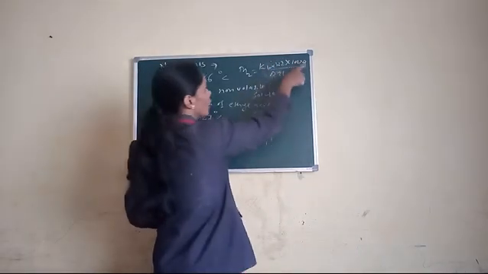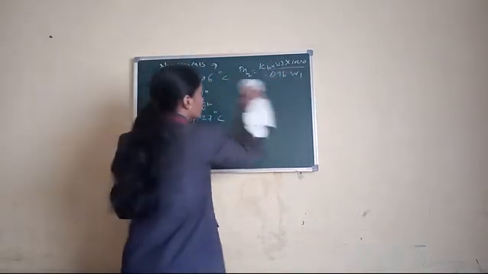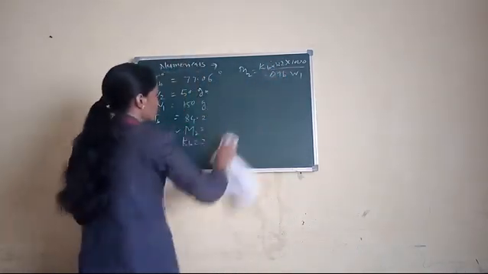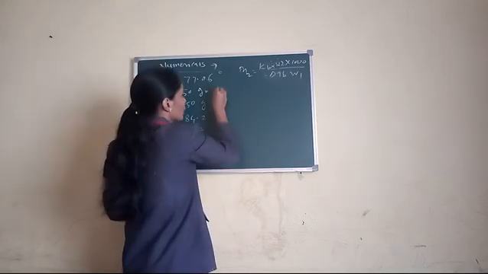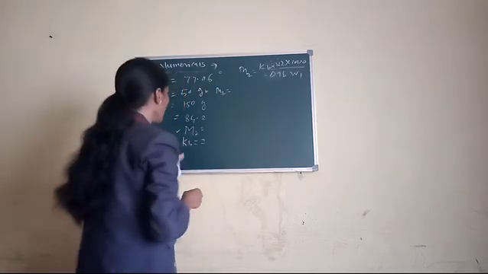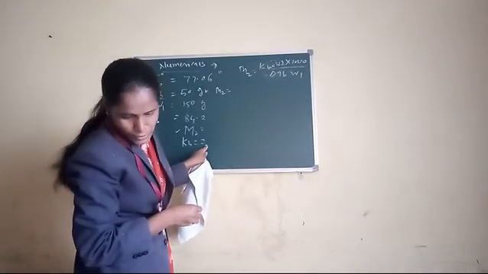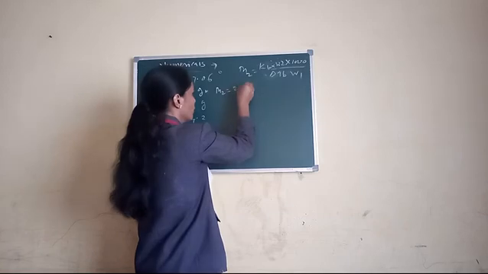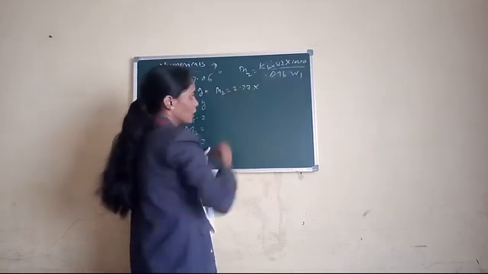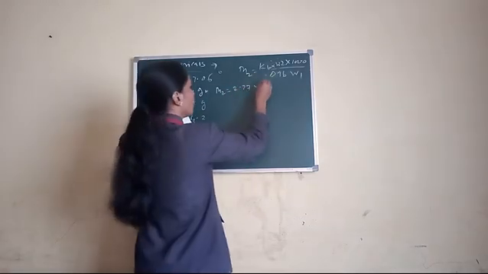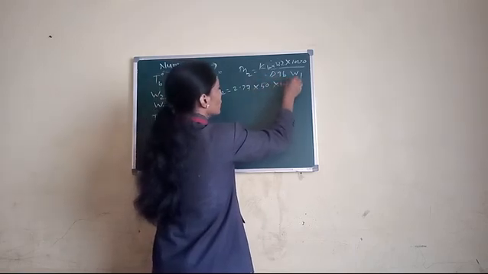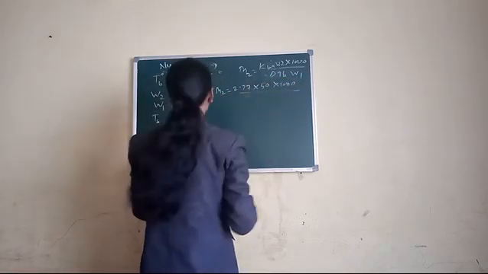All values are given. Put these values. M2 is equal to KB, which is 2.77, into W2, 50 gram, into 1000 upon delta TB.